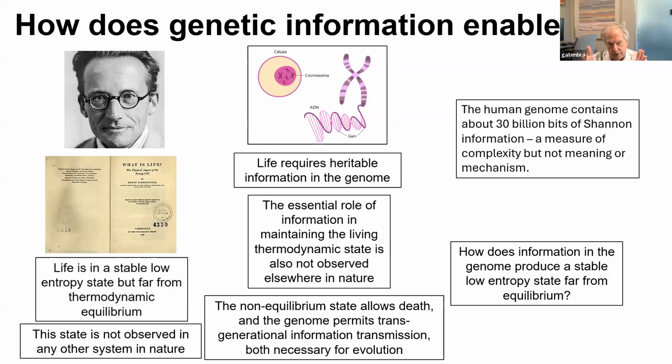Shannon information is unitless. It's basically bits, and comes out of probability functions, unlike entropy, which is in units of joules per degree Kelvin, so you can't physically match them. So this was the question: how does genetic information enable the thermodynamic state that's unique to life?